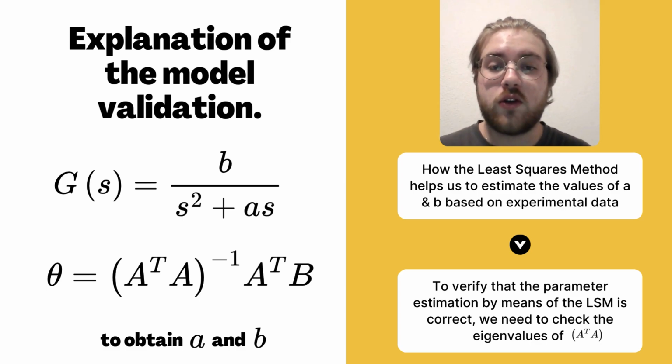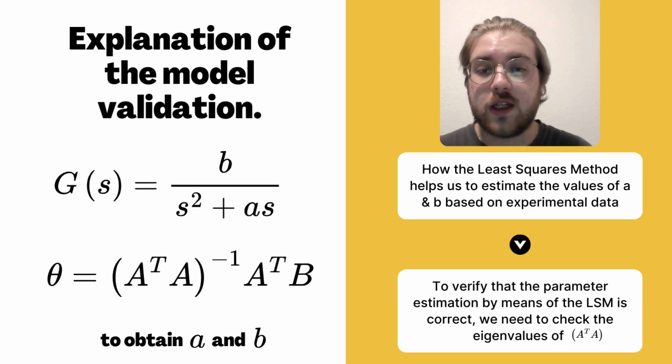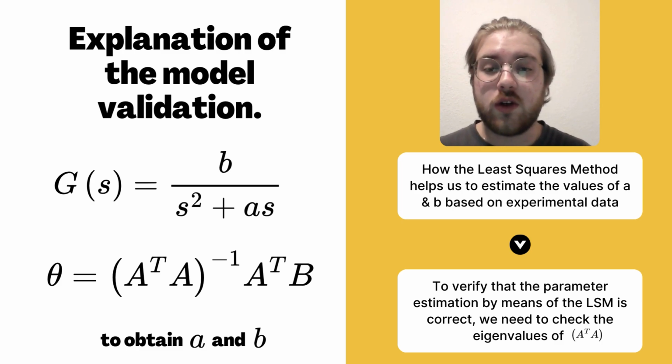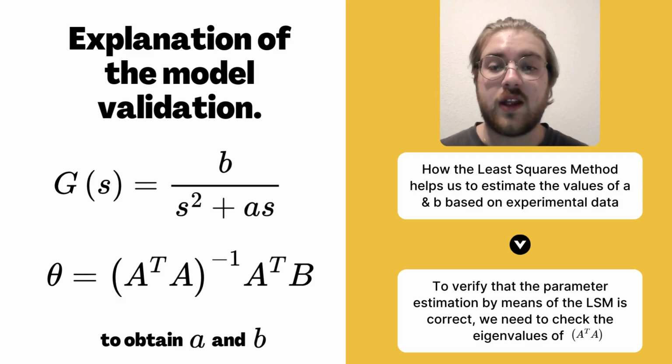For it to be a solution, this term should be invertible. To assure that this term is invertible, we can check the eigenvalues of this term. If these eigenvalues are bigger than 0, we can confirm that this solution exists, and therefore we can apply the least square method to our plant in the time domain to find parameters A and B.